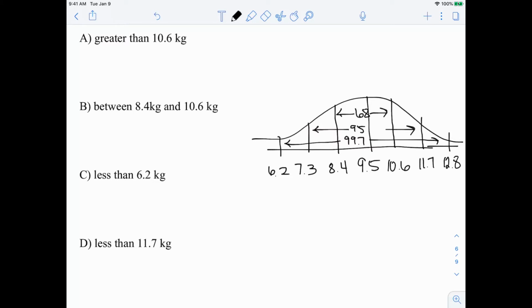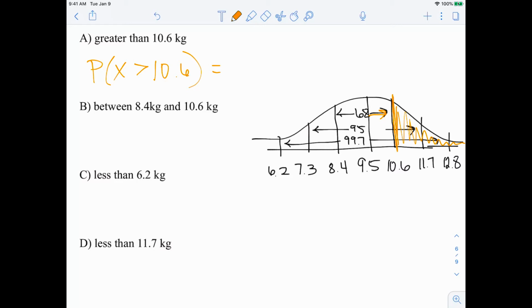So for part A, when it asks me the probability that the weight is greater than 10.6, I can go over here and say, okay, 10.6 is right here, and I'm looking for greater than. So I'm really looking for this area right here. 10.6 marks the cutoff at 1 standard deviation above the mean, and that is where the 68% ends.